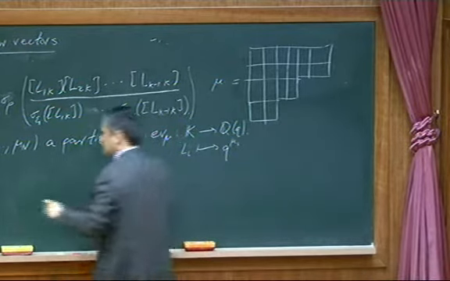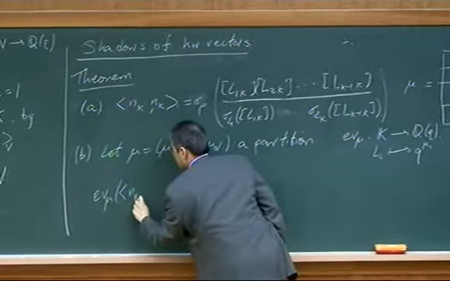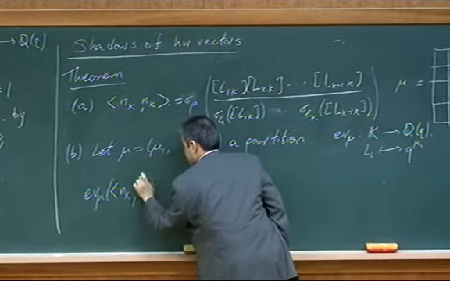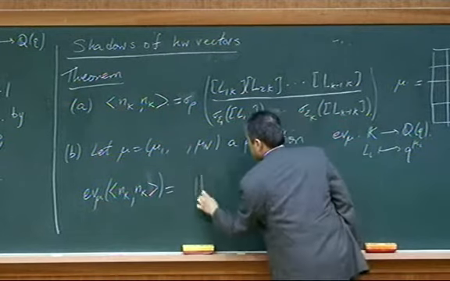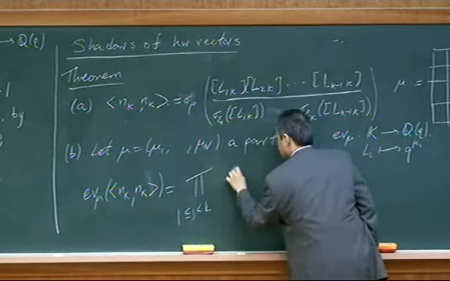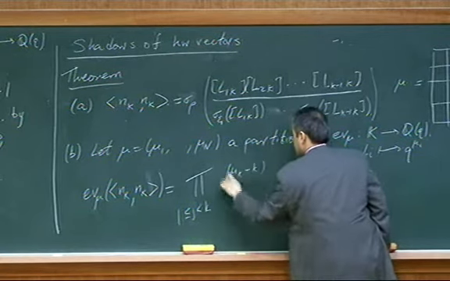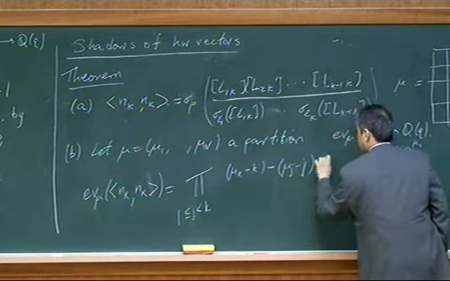And what we can do is take the evaluation now, so this is even more of a shadow of that vector. And this is the product over j less than k of the q analog of mu k minus k minus mu j minus j minus 1.